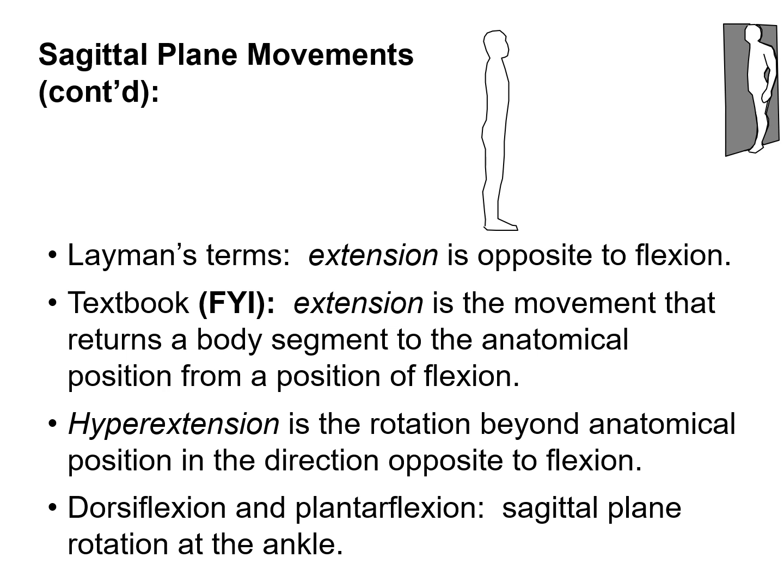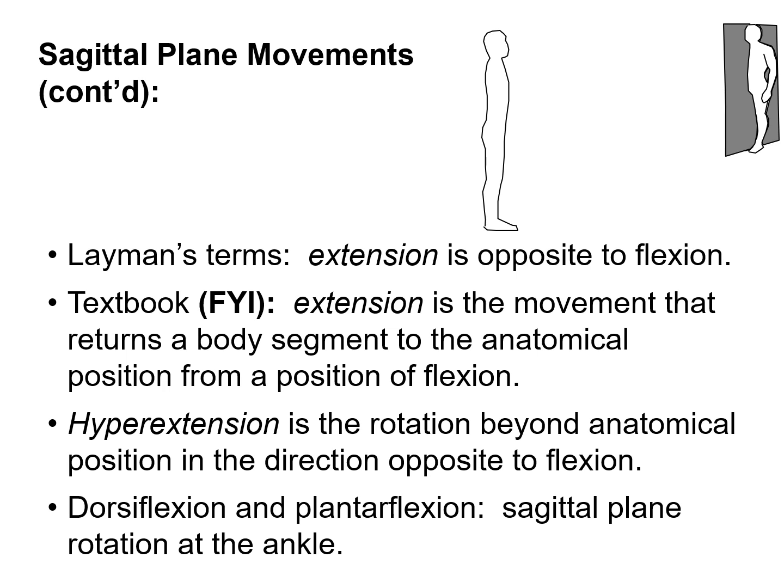But we're taking this class officially, so we're not going to use layman's terms. Textbook extension is the movement that returns a body segment to the anatomical position, or upright, palms facing forward, feet shoulder width apart. So extension returns a body segment to the anatomical position from a position of flexion. Okay?